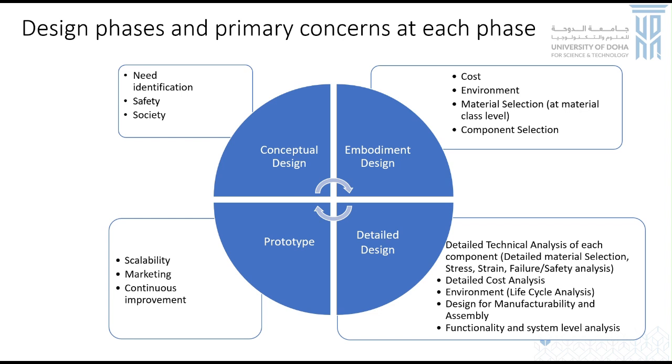Now, material selection is most effective if it is carried out at embodiment level. Why am I saying that it is most effective at embodiment level? Because when you are at detailed level, almost everything is fixed. Your geometry is fixed, the form factor is fixed, you have very little control on how the component is going to interact with other components.